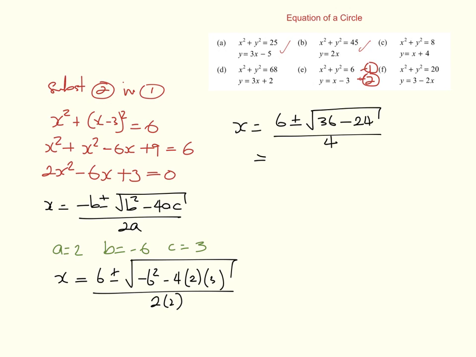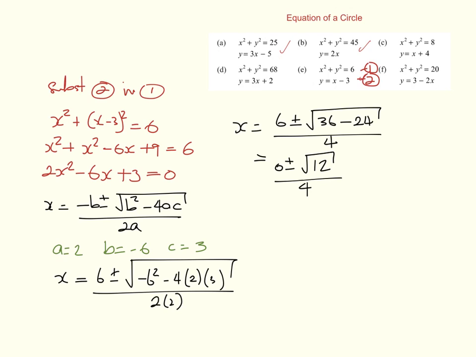Let's finish this off now. I think what I will do is bring it down and keep the answer exact, and then we'll work it from there with the calculator, maybe. So 6 plus or minus the square root of, well, 36 take away 24 is going to give us 12, divided by 4.